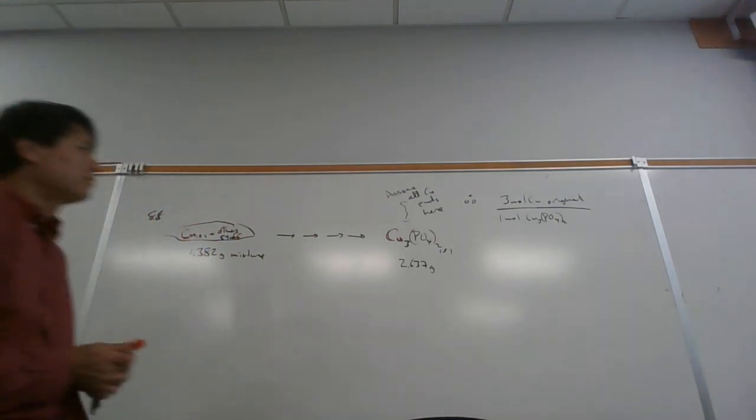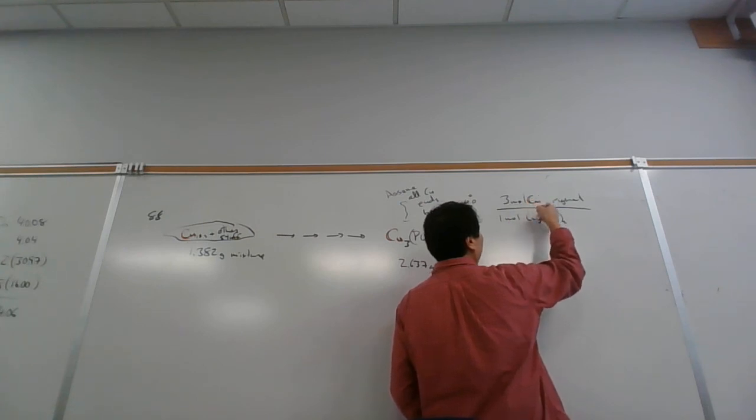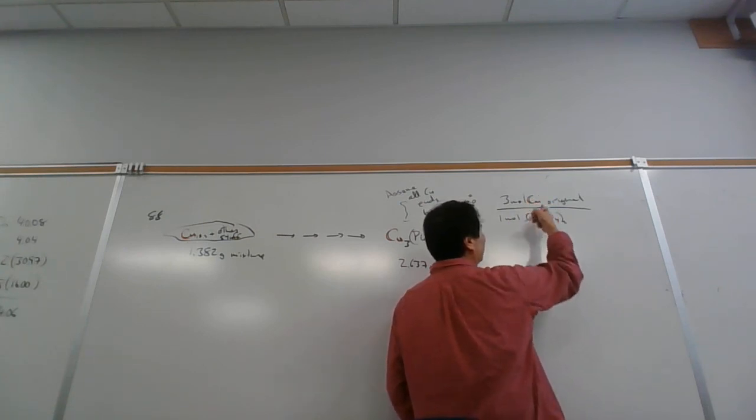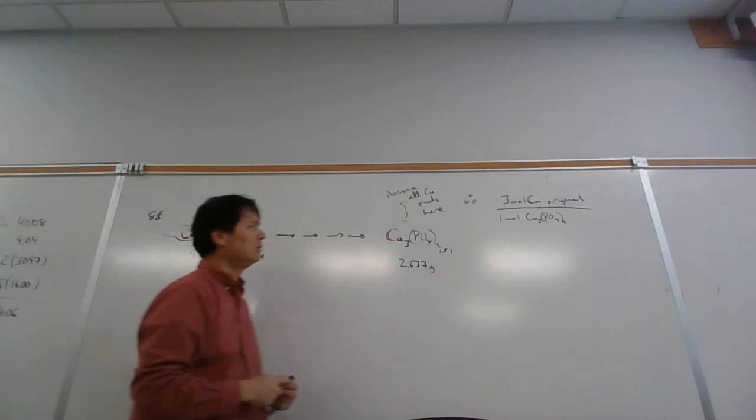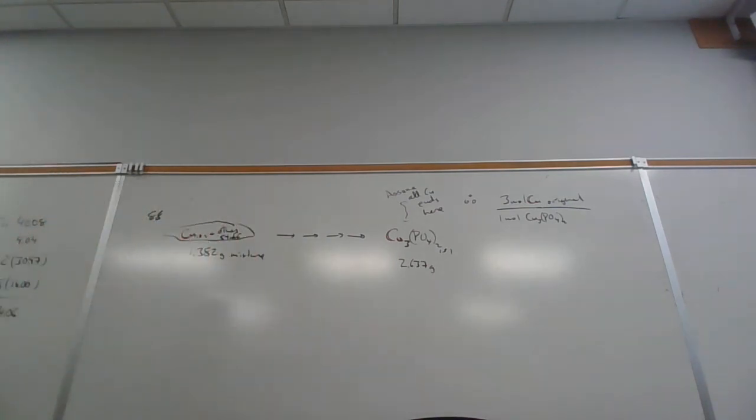In other words, if I have 3 moles of copper in my original mixture, all that copper ends up in copper phosphate, and therefore I can have this mole ratio here, 3 to 1.